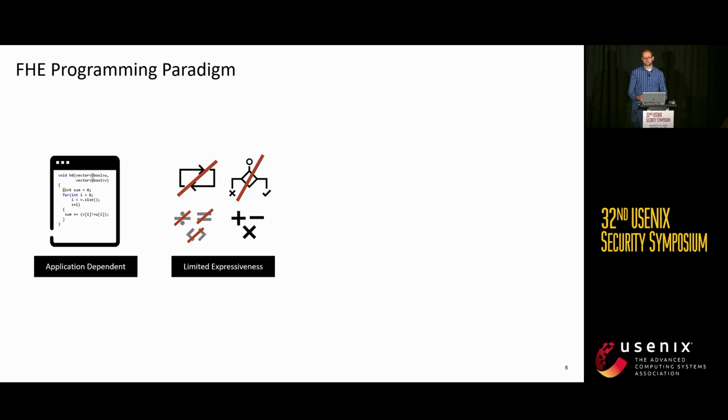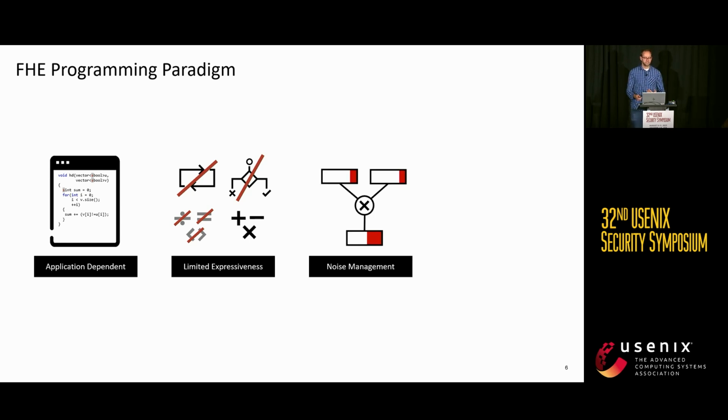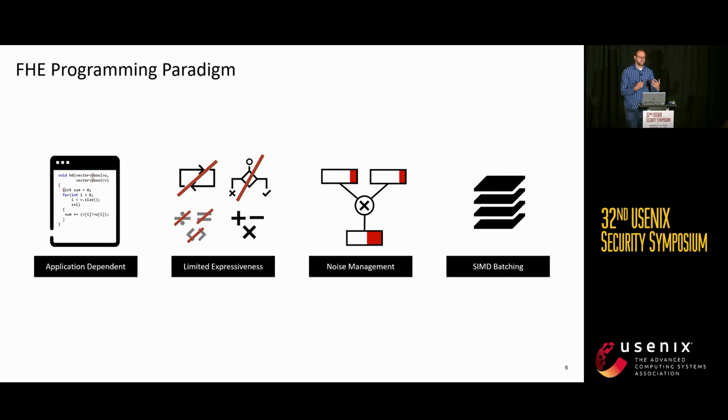And so you can't have things such as division or native comparison operations. Modern FHE schemes are also based on learning with errors, which introduces noise that gets added up and needs to be managed very carefully using expensive ciphertext maintenance operations. And finally, many schemes introduce very expensive homomorphic operations, but then allow you to batch many thousands of values into a single ciphertext and to get a form of single instruction multiple data parallelism, but with very restricted data movement.